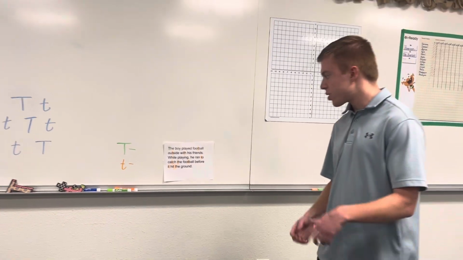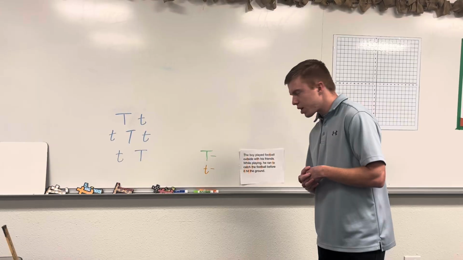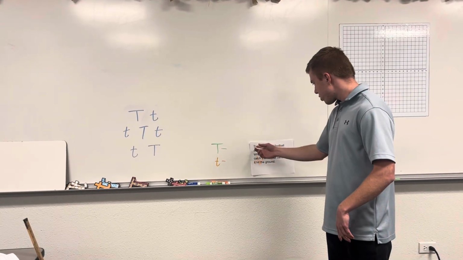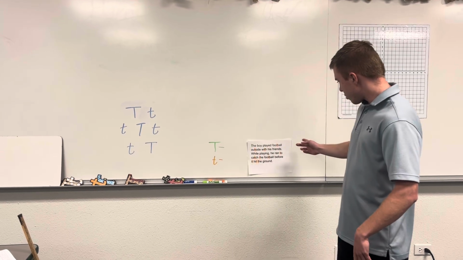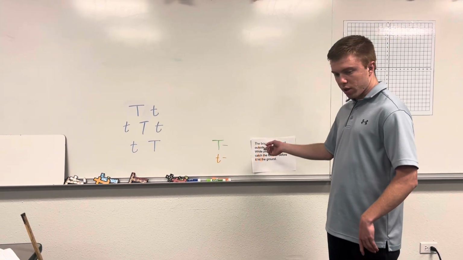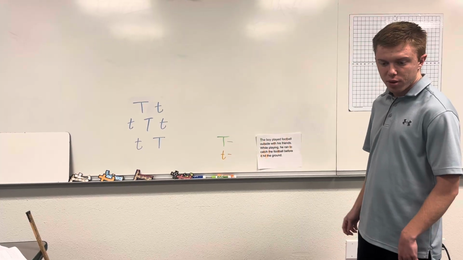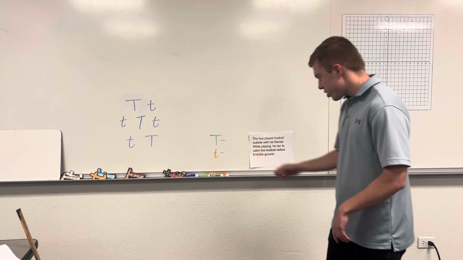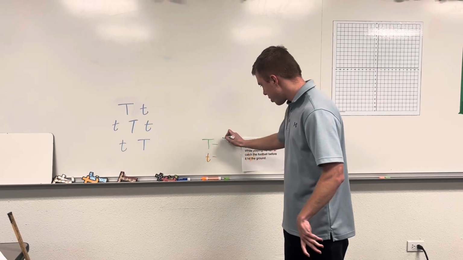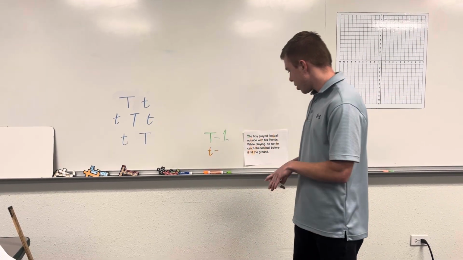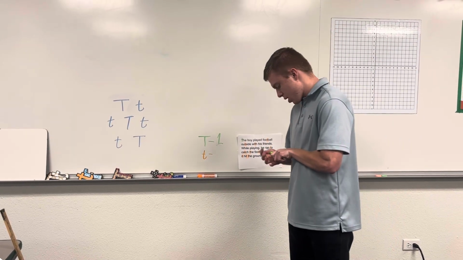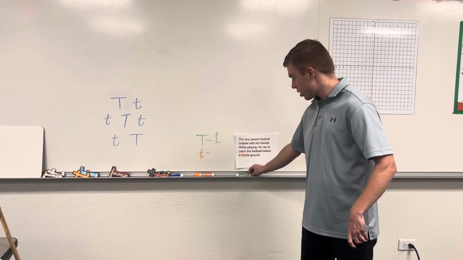Now let's see how many capitalized or uppercase T's we have. We have the first one, that's one. Do we see any other uppercase T's besides the one in the green highlighted tape? No other ones? So for our uppercase T, we have one. Now let's count how many lowercase t's we have.